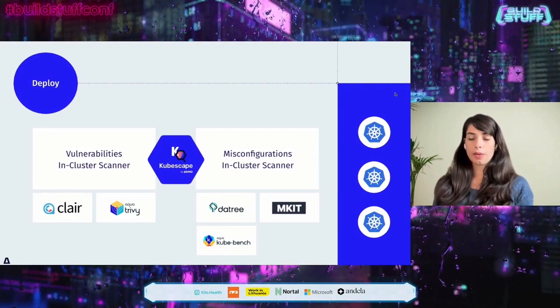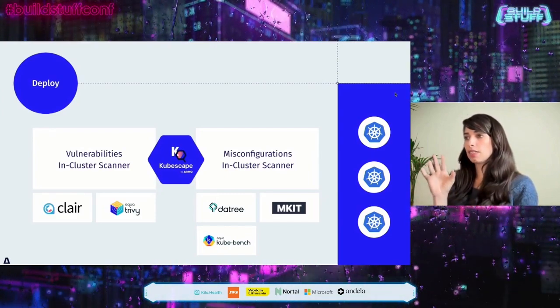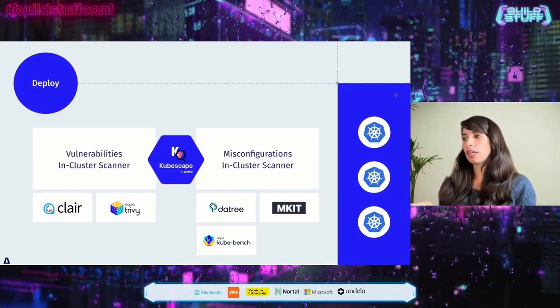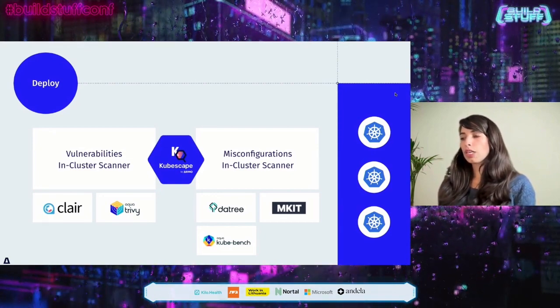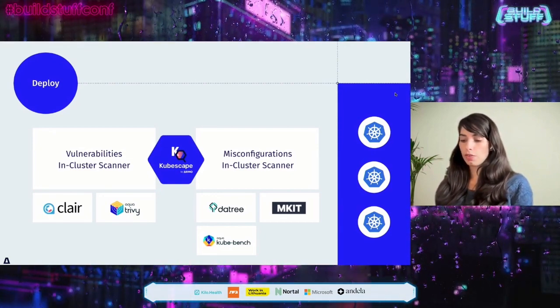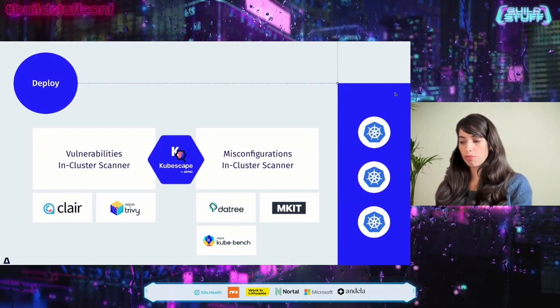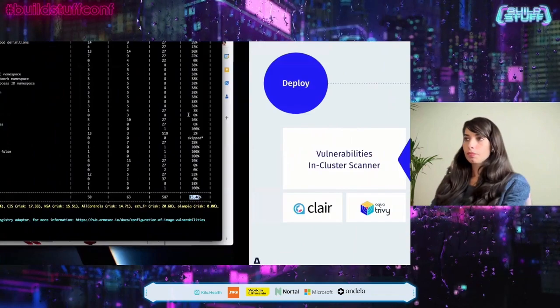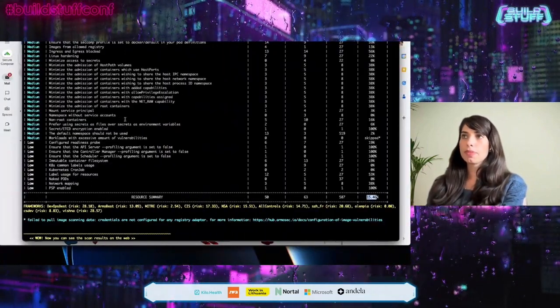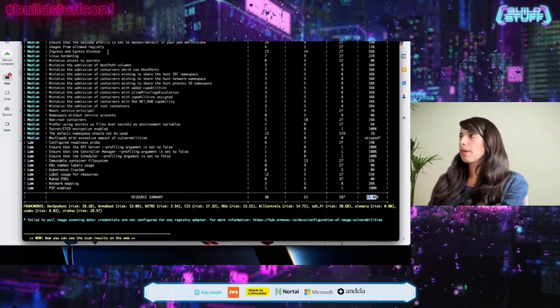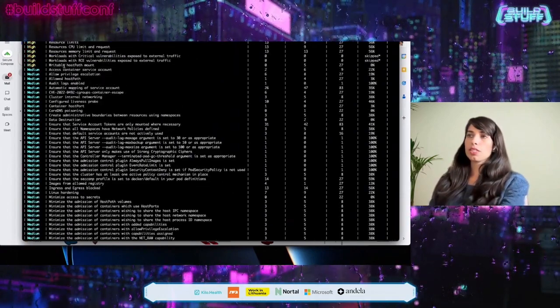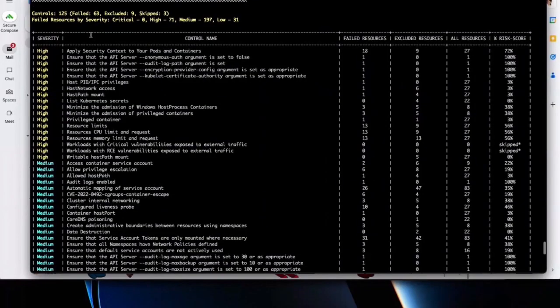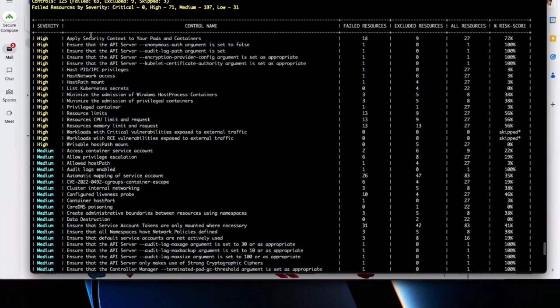I mean, and here's a major point, okay? Because we want to check that there is no misconfiguration. What is misconfiguration, right? So I can give you some examples from Kubescape, which is basically just a set of tests that are sorted by severity.